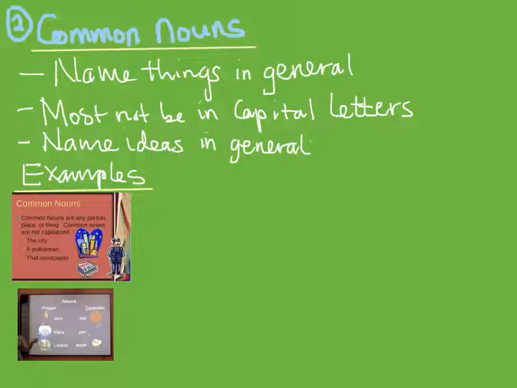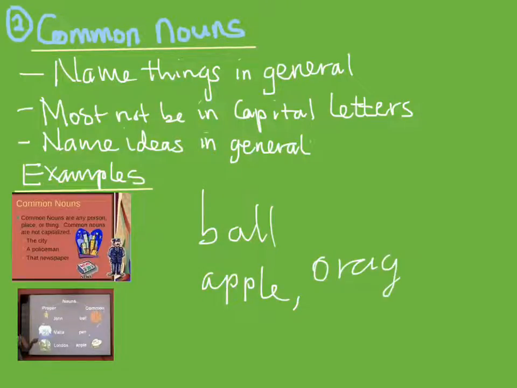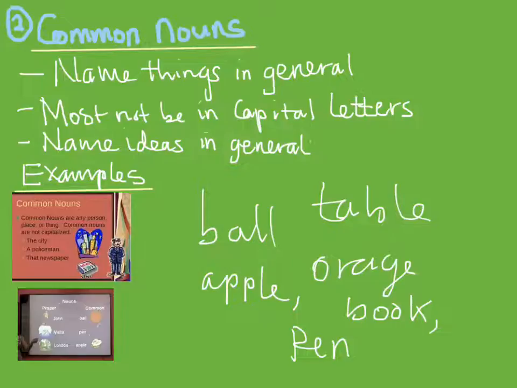You could talk about common nouns such as ball, apple, orange, book, pen. All of these are names of things. Table, but they are not very specific, so we call them common nouns.